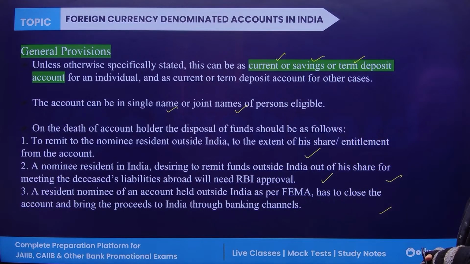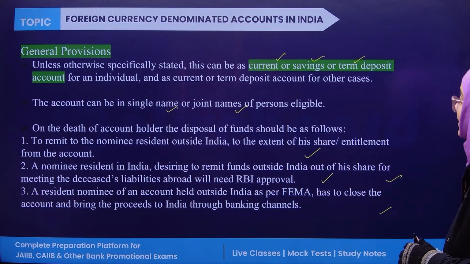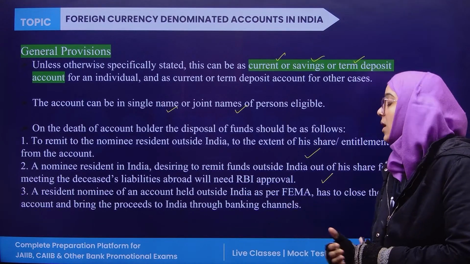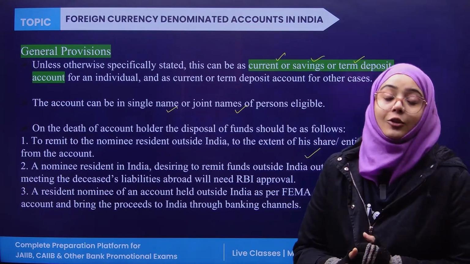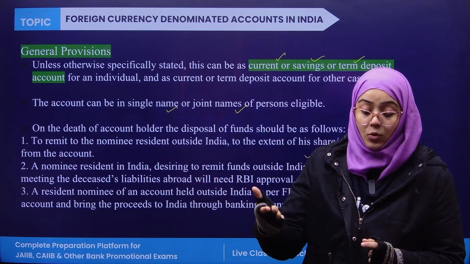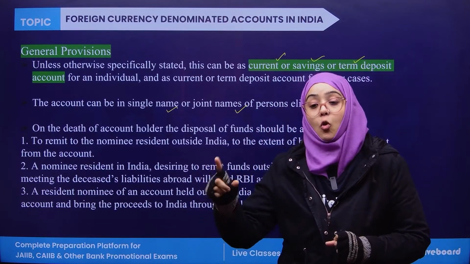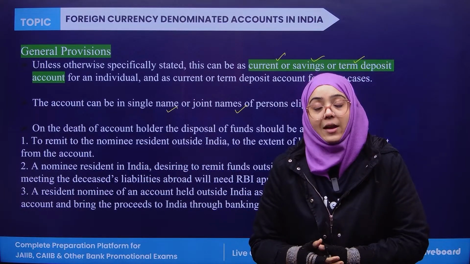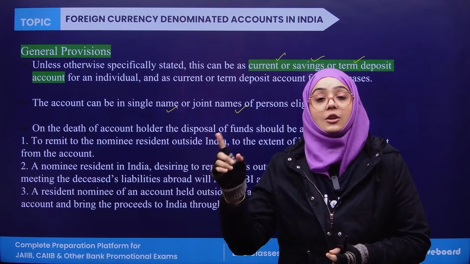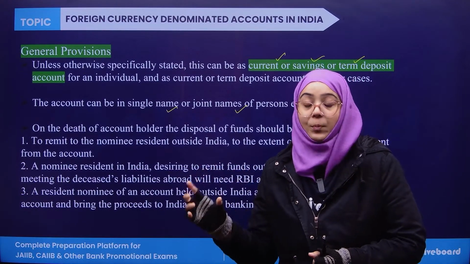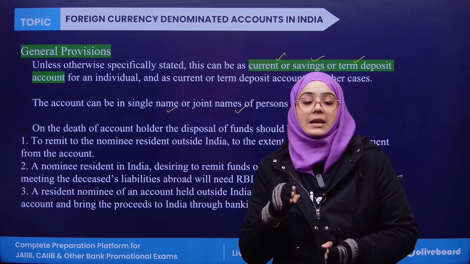A resident nominee of an account held outside India has to close the account and bring the proceeds to India through banking channels. So if the deceased person held a foreign currency account outside India, that account needs to be closed, and the nominee resident in India has to bring that fund inside India.